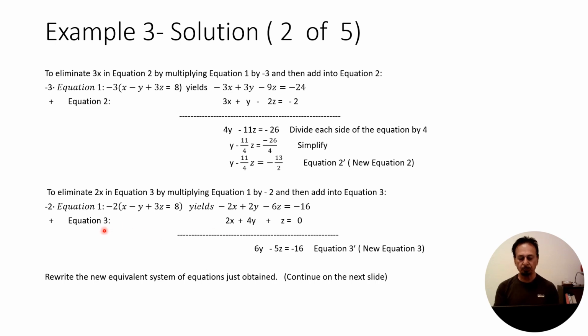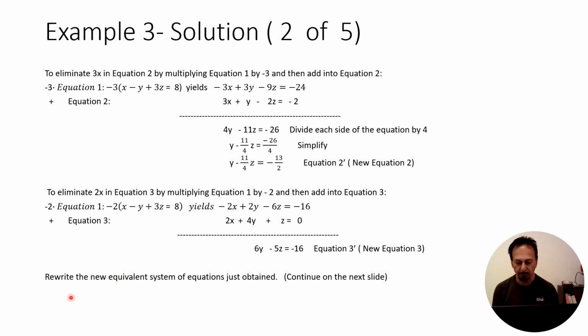And now we write equation 3, which is 2x plus 4y plus z equals 0. Now if you add, they cancel out, and that's what we want. 2y plus 4y becomes 6y, and minus 6z plus 1z will be negative 5z, and minus 16 plus 0 becomes minus 16. So this is our new equation 3 prime.